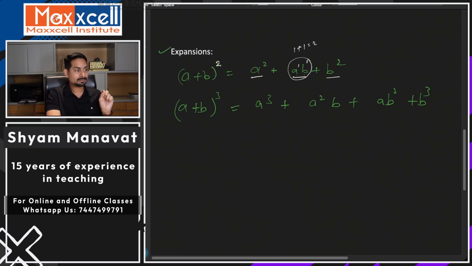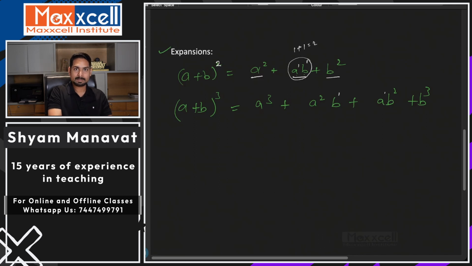Same if you see in the next expansion, a plus b whole cube. It starts with a cube, the power is 3. a square b to the power 1, so 2 plus 1, again 3. Then ab square, 1 plus 2, again 3, and then b cube.